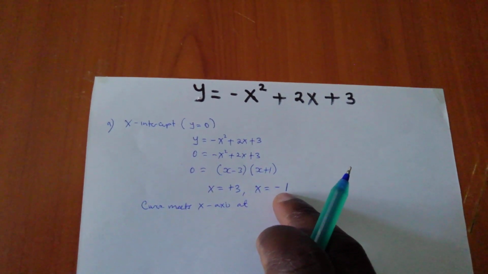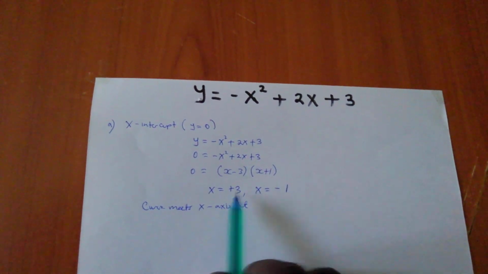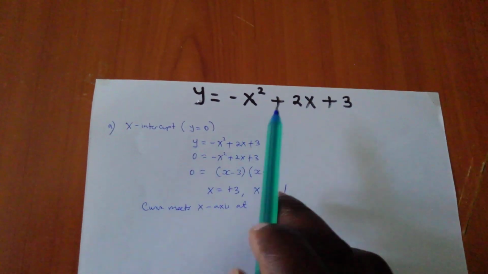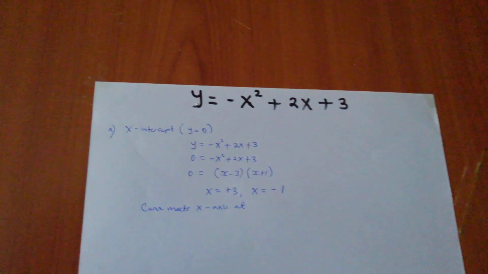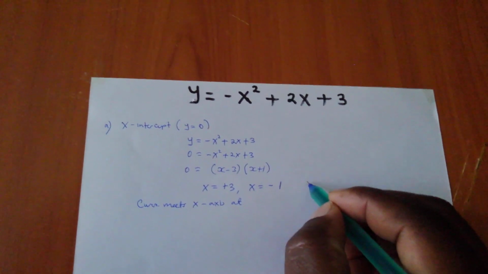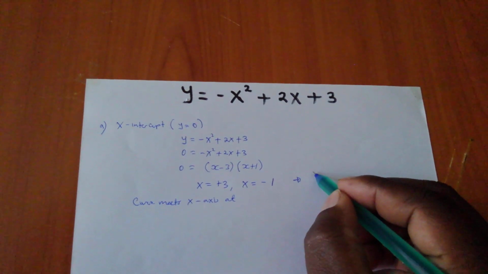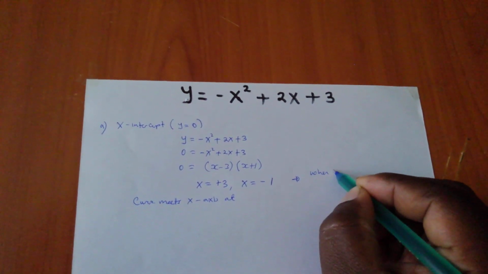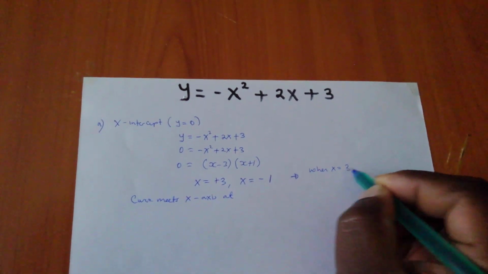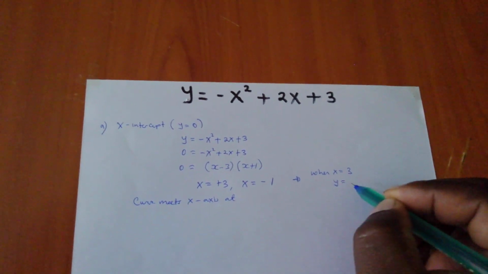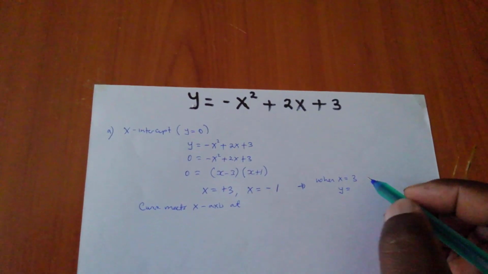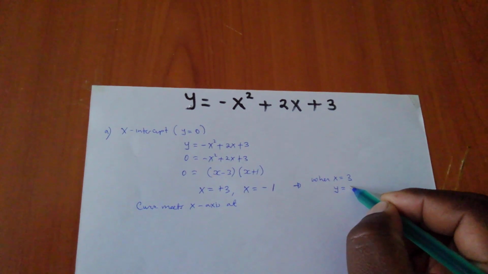But if I put these values into the original equation, I get the corresponding y's. So if I put x to be 3, my y will be 0.